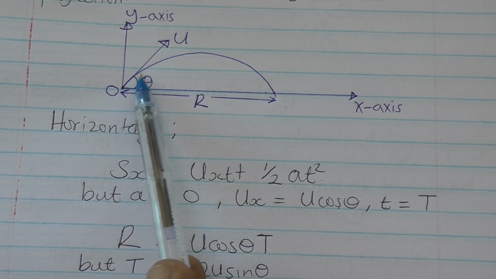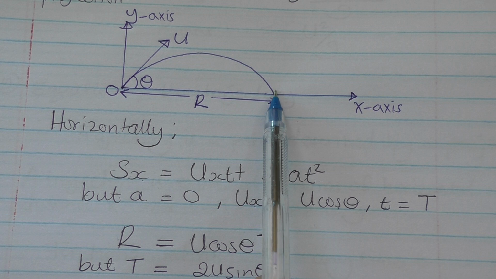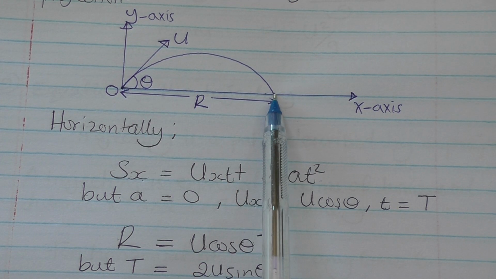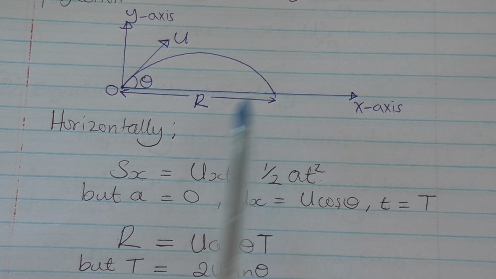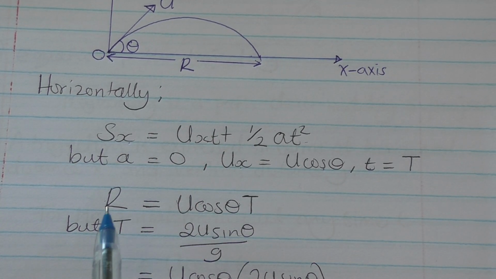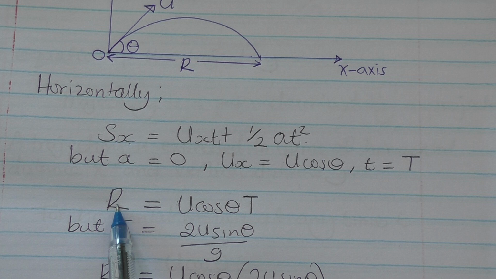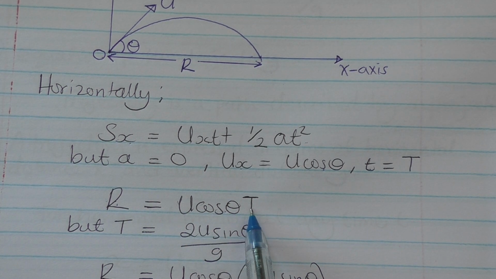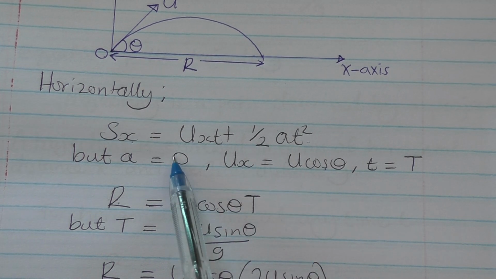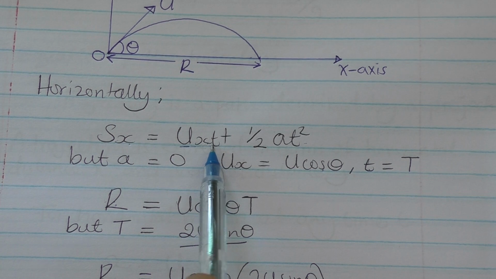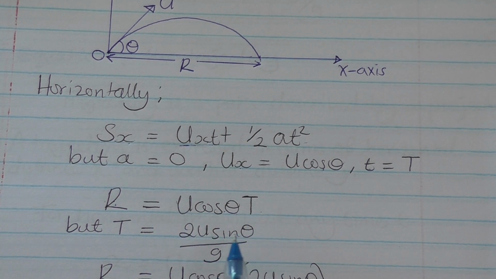So when the body lands, the time it takes from the point of projection to the point where it lands is what we call time of flight. And therefore, when we substitute, we shall end up with R equaling u cos theta t, because the acceleration is 0, so we substitute for ux t, which is u cos theta t.